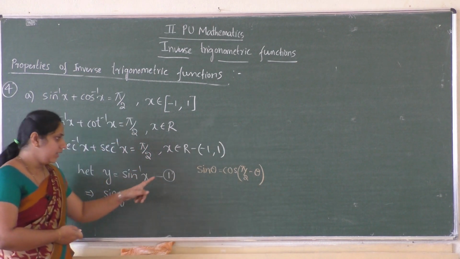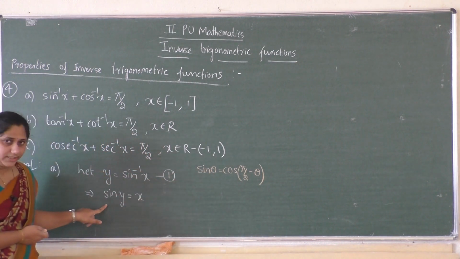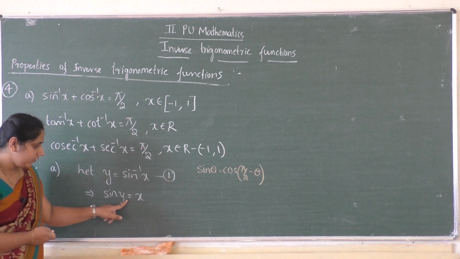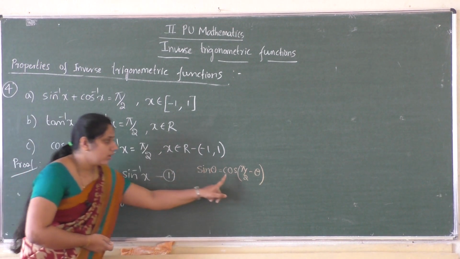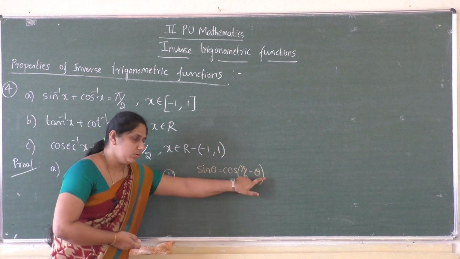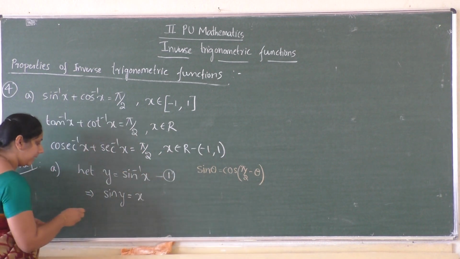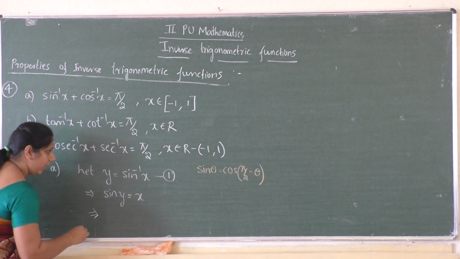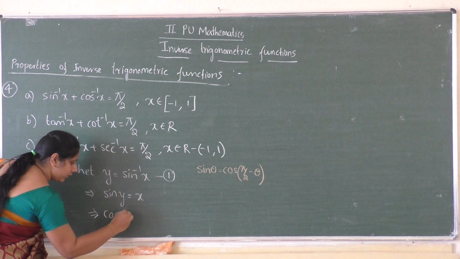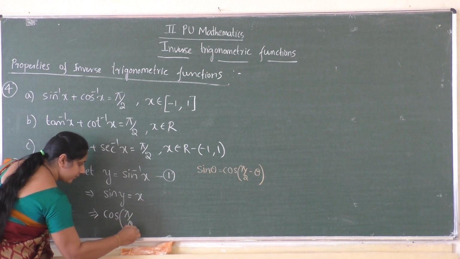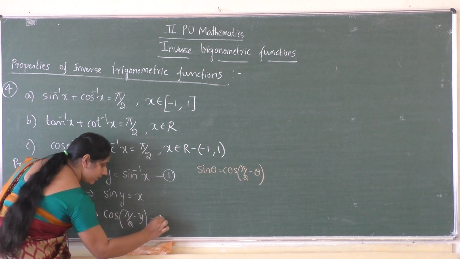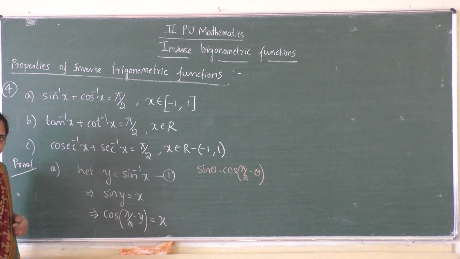So here if we apply the same formula, in the place of sin y, what we have to write? Cos of pi by 2 minus y, which is equal to x.